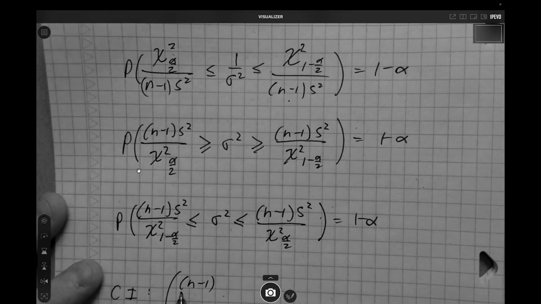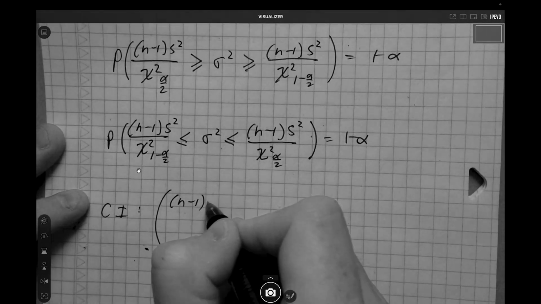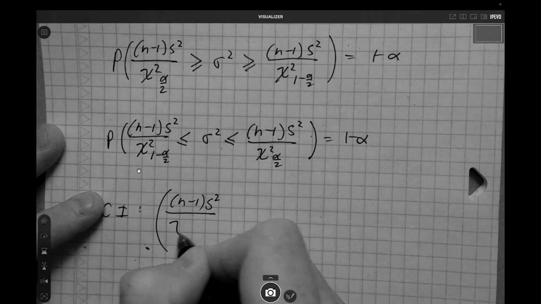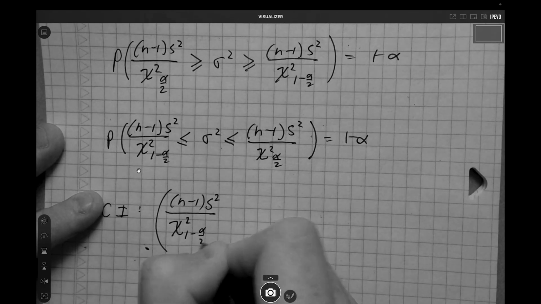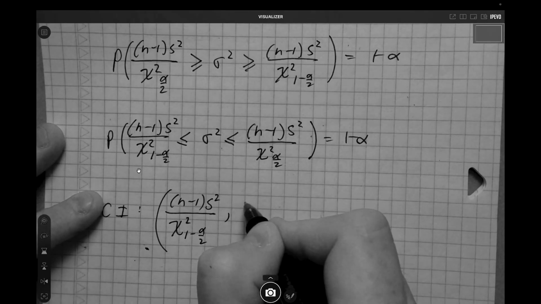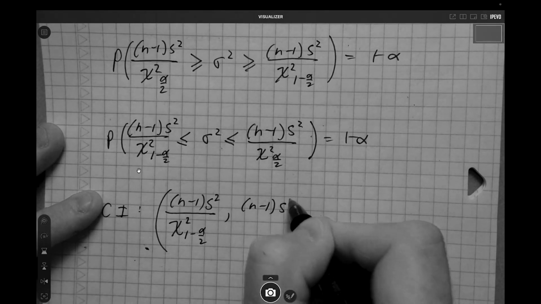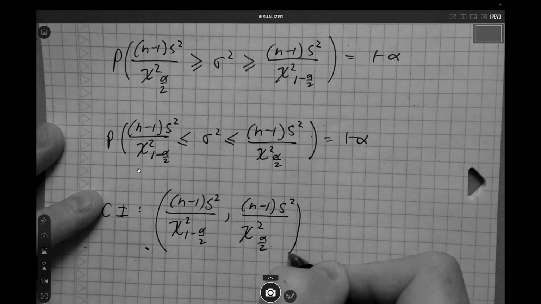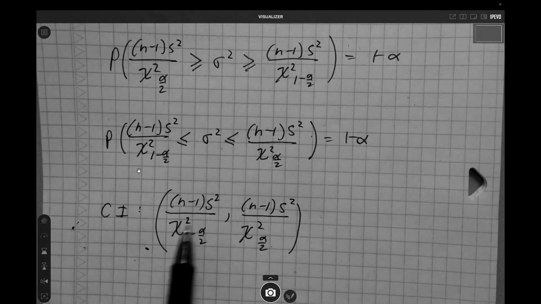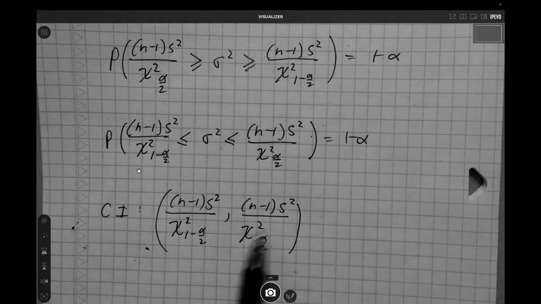So you take the sample size minus 1, multiply it times the sample variance, and then divide by the appropriate chi-squared value. And that's the lower bound, and then (n minus 1) s squared over chi-squared alpha over 2 is the upper bound. Now notice this is the larger test statistic, and this is the smaller one, right?